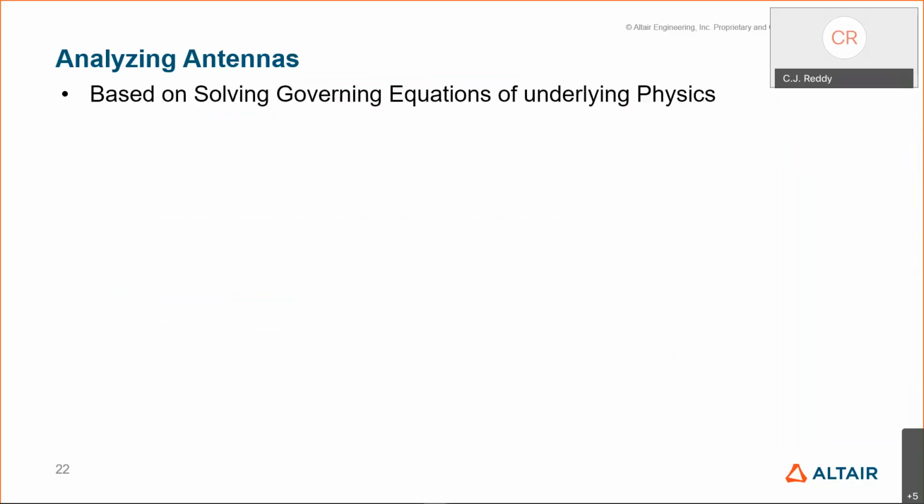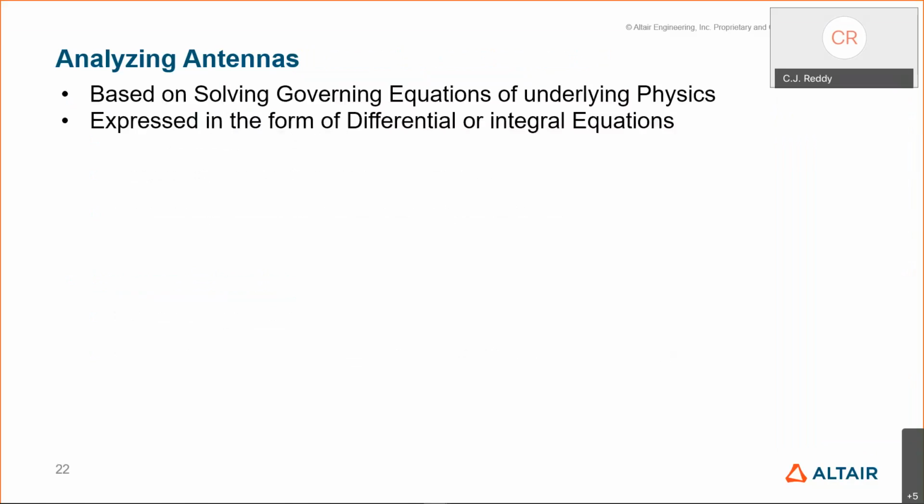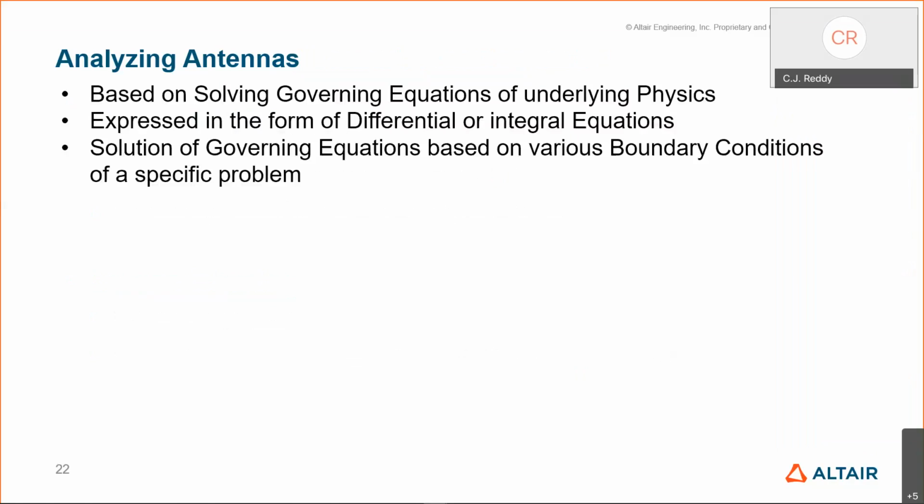Obviously, these are based on governing equations, which are Maxwell's equations in our case, with the underlying physics. And of course, they're expressed in the form of differential or integral equations. And you solve these equations by applying various boundary conditions. That is actually very critical for a specific problem.